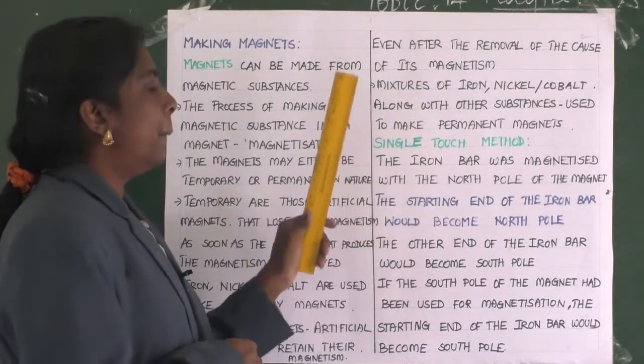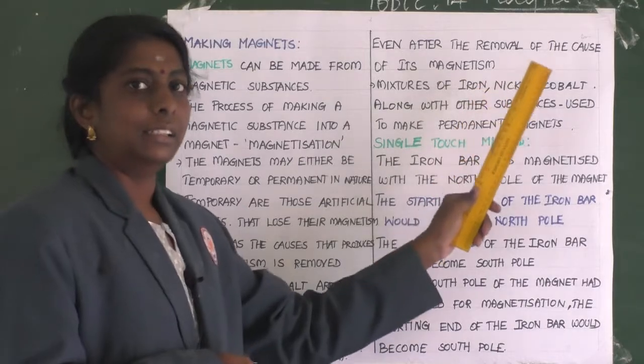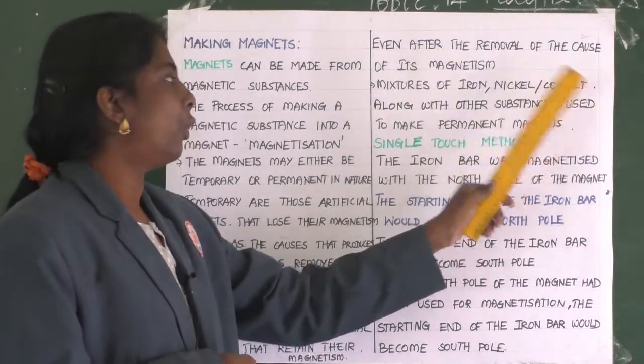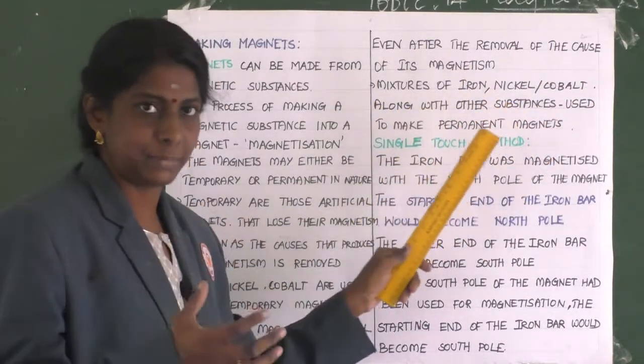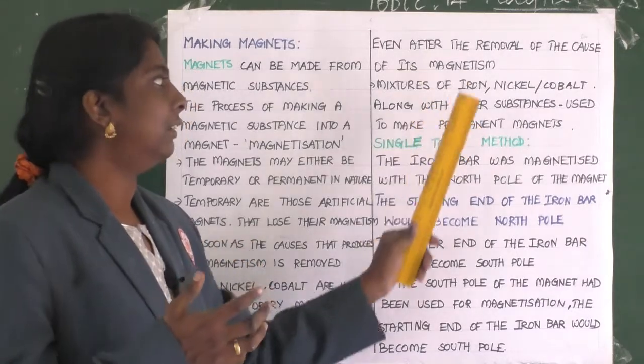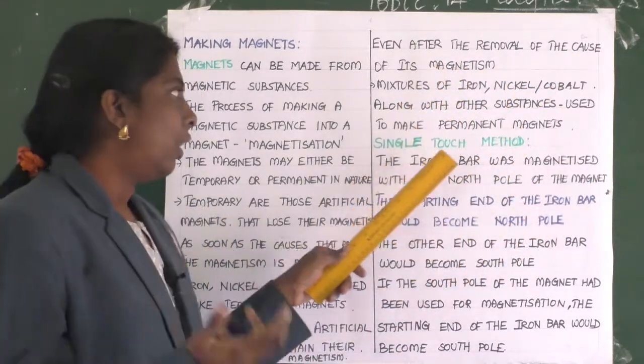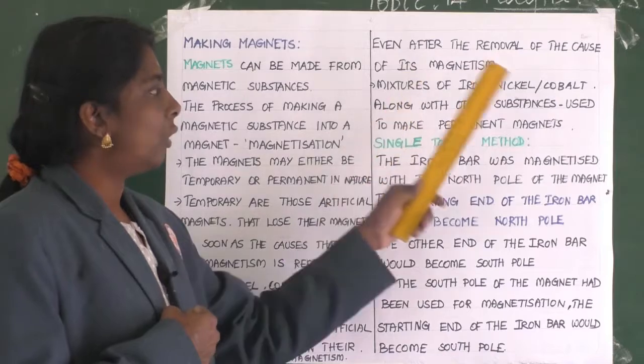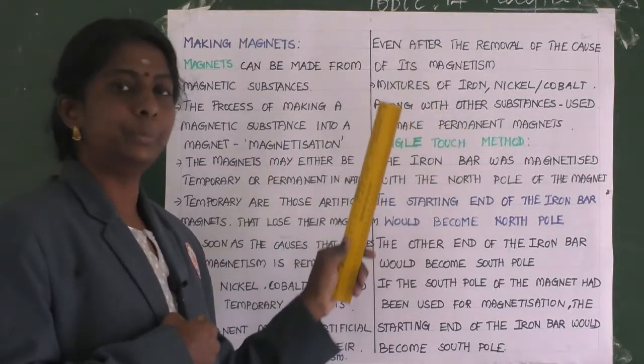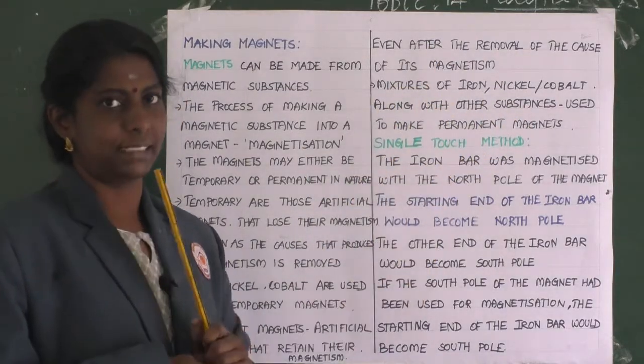Clear? Mixtures of iron, nickel or cobalt along with other substances are used to make permanent magnets.